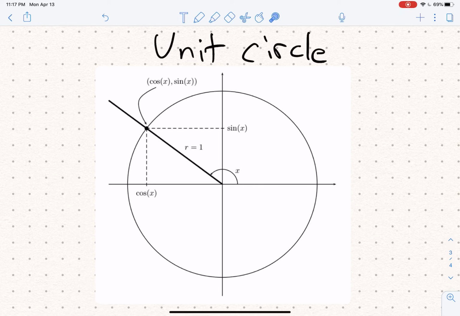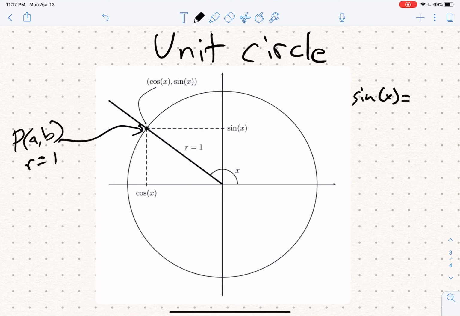So if this here is a point on the terminal side of our angle, if this is our point P, a comma b, and if r is equal to 1, then by using those definitions, for example, sine of x is equal to b over 1, which is just b. So the sine of x is just equal in this point to the y-coordinate.